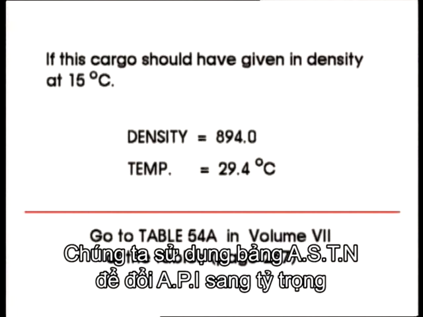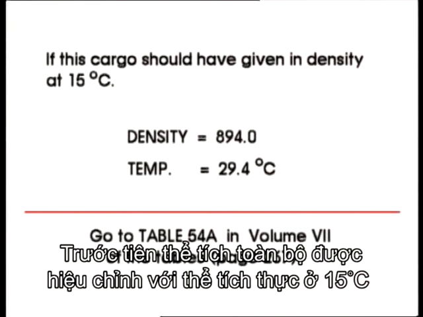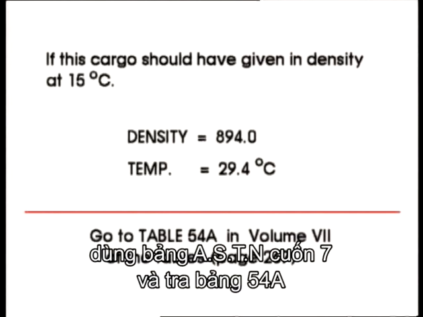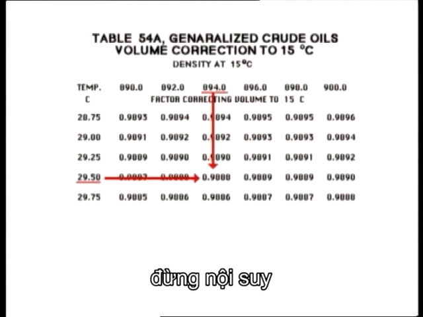We use the ASTM tables to convert API to density and Fahrenheit to centigrade. First, the gross volume is reduced to net volume at 15 degrees centigrade. Use ASTM table volume 7 and consult table 54A. Do not interpolate.